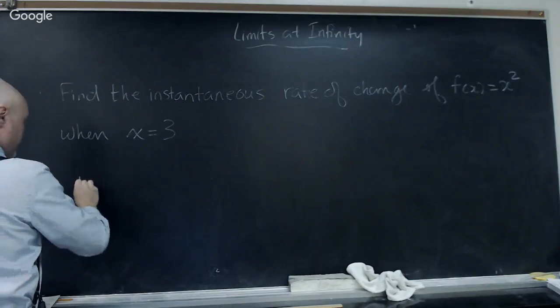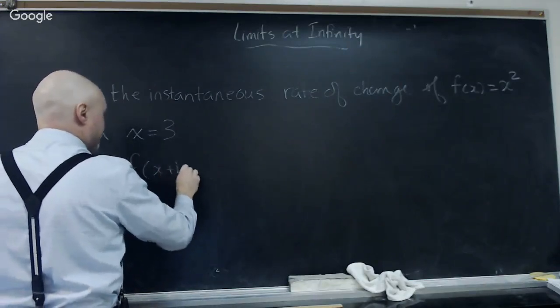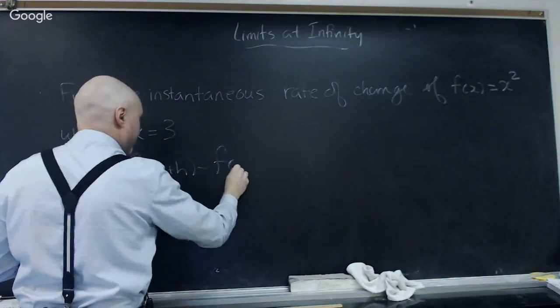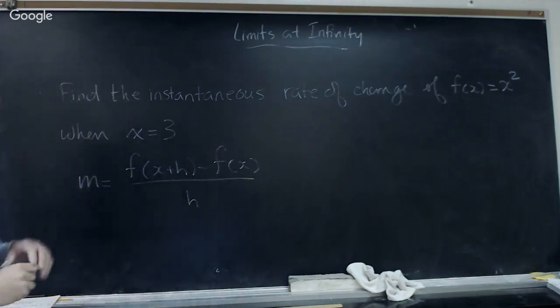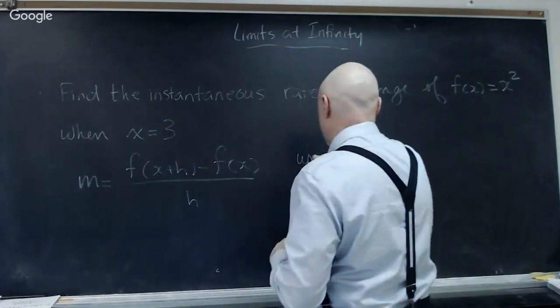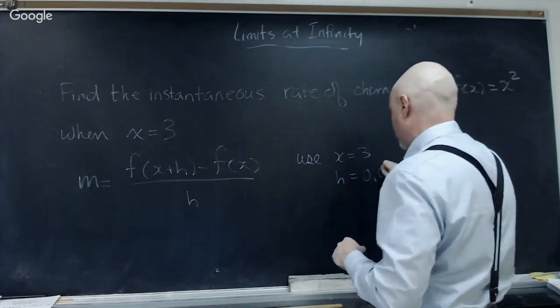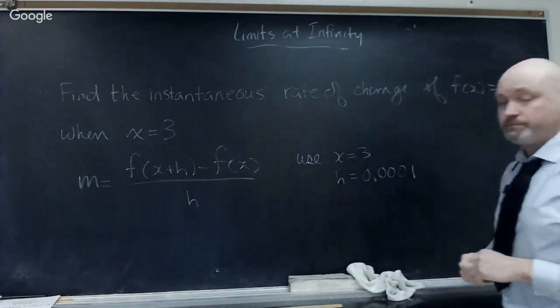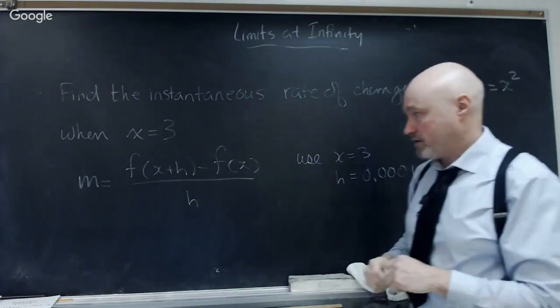and we were putting in successively smaller values for h into our difference quotient. And so you would use x equals 3, and you'd use h equals 0.0001. And you would put that into your difference quotient and try and find the answer.